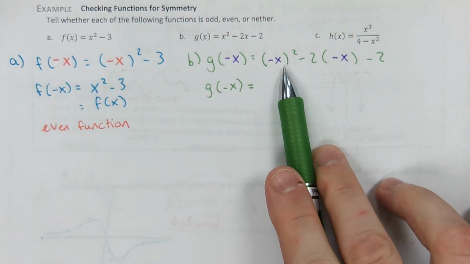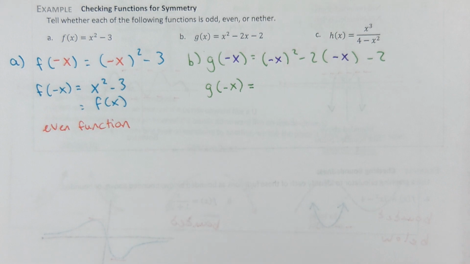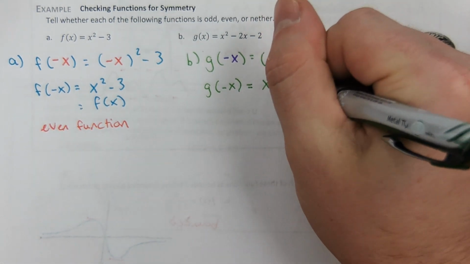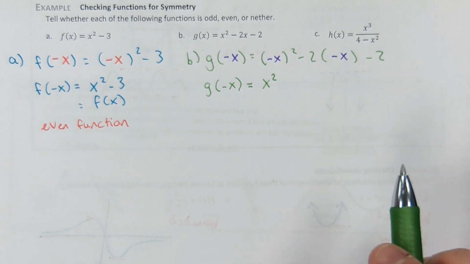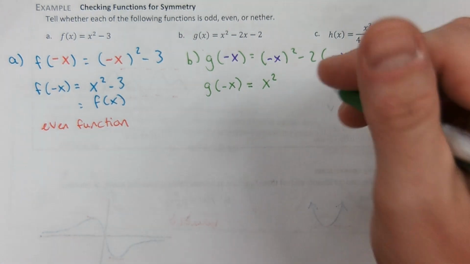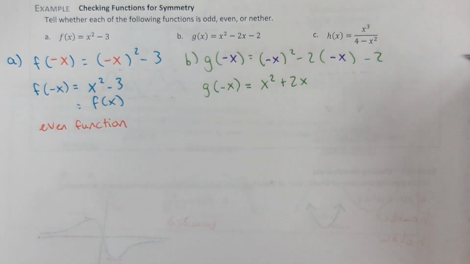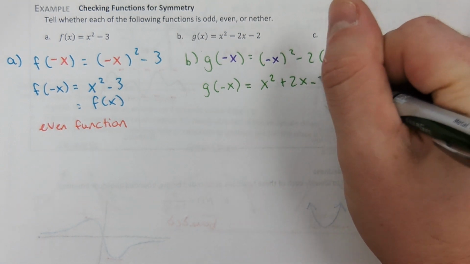We just did this. Negative x quantity squared gives me x squared. But this is negative 2 times negative x. And you guys already told me when you multiply two negatives, you get a positive. So this is plus 2x. And the minus 2 is unaffected.